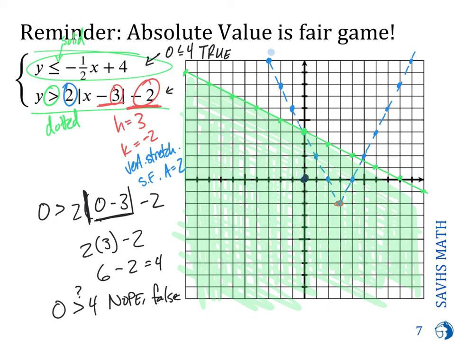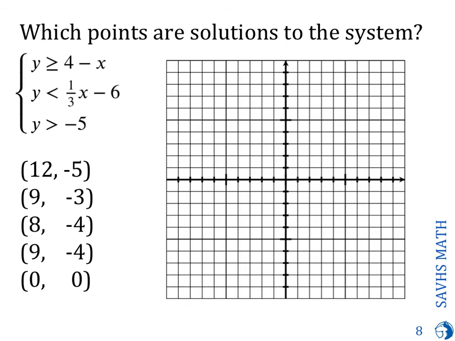I have to shade up above. So what's the section that's shaded by both? It's this part right here, just that triangle there.